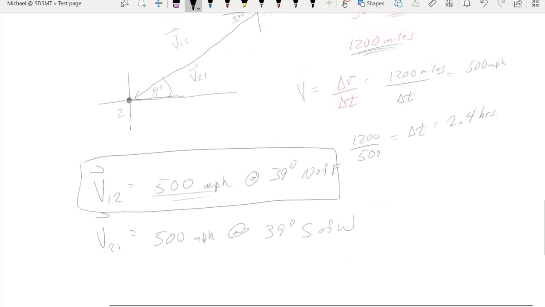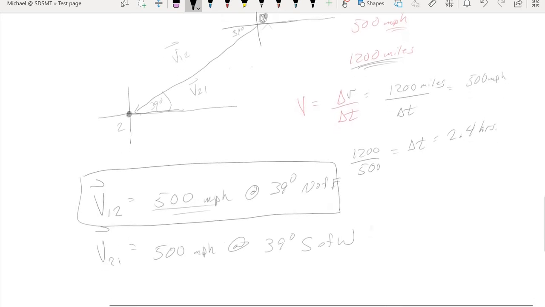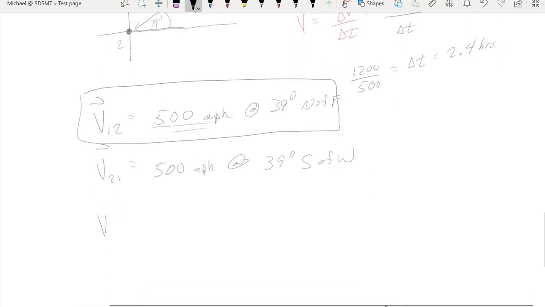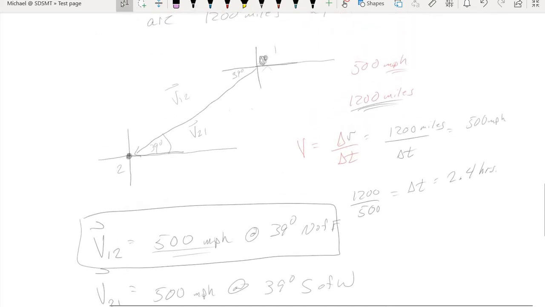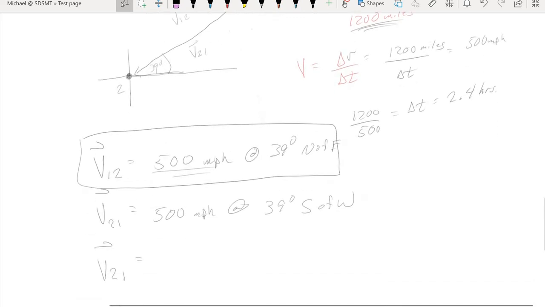Well, that's the magnitude and angle, but how would this affect the components? What would the components of vector 2, 1 be? Well, it's pretty obvious now. All we've done is we've shown that these two vectors are equal and opposite to each other in every respect.